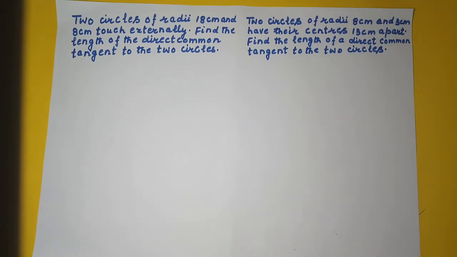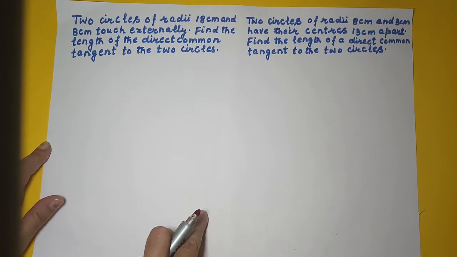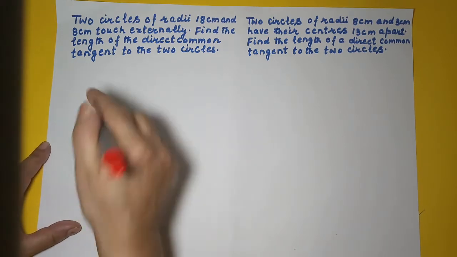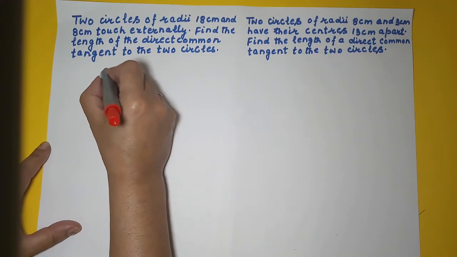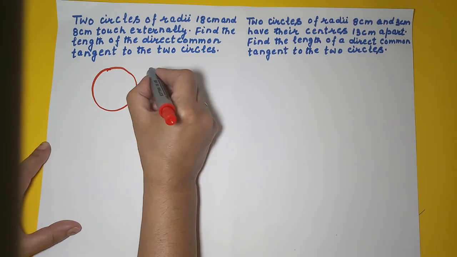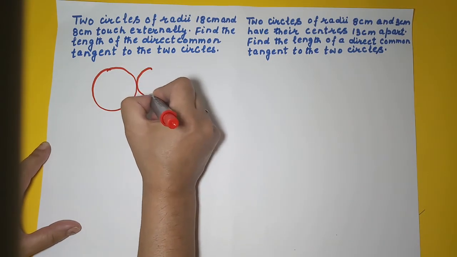In this video, we are continuing with the tangent properties of the circles. Now here, the question is: two circles of radii 18 centimeter and 8 centimeter touch externally. So we have two circles, one is a bigger one and another is a smaller one.